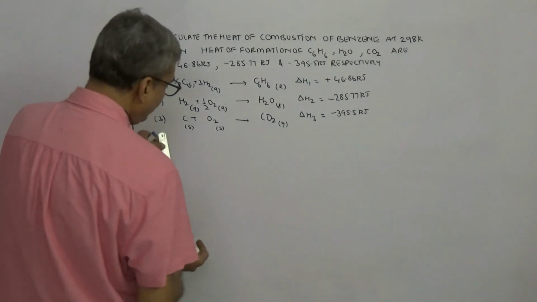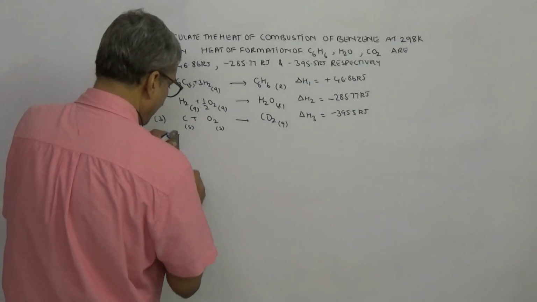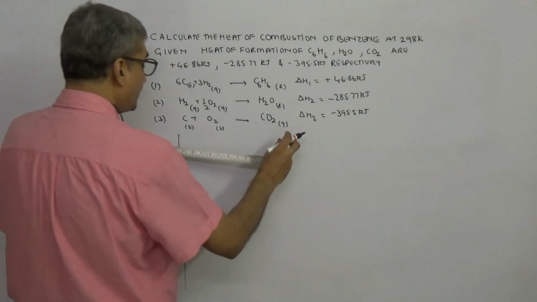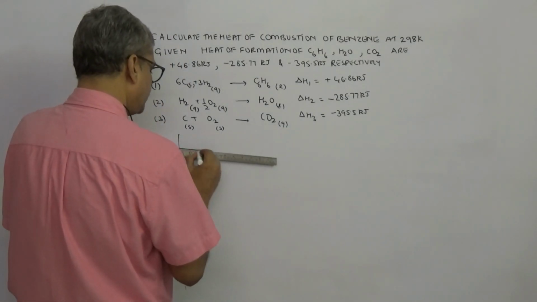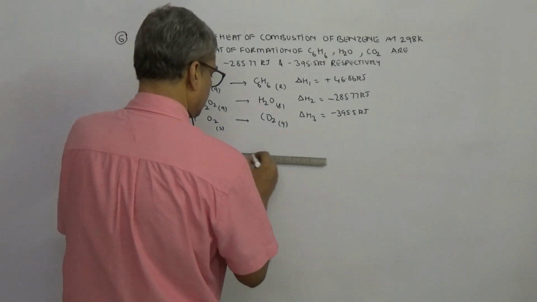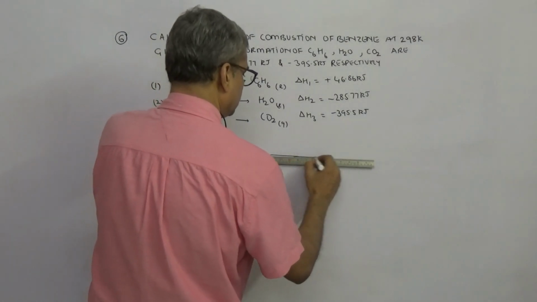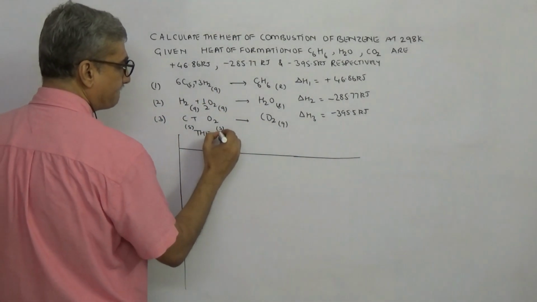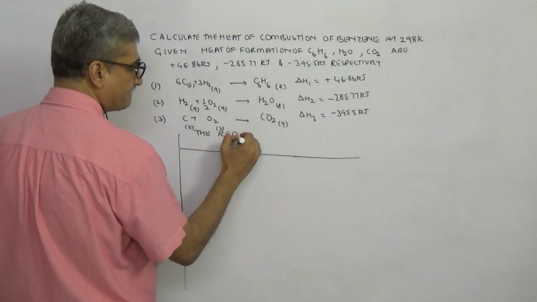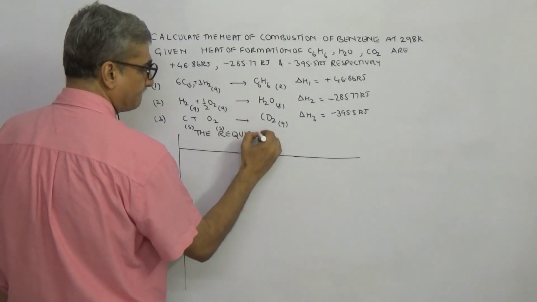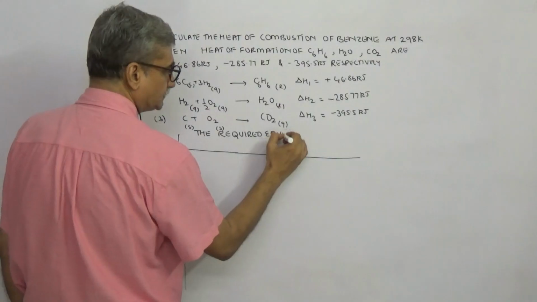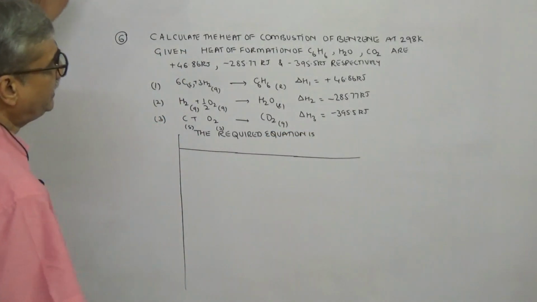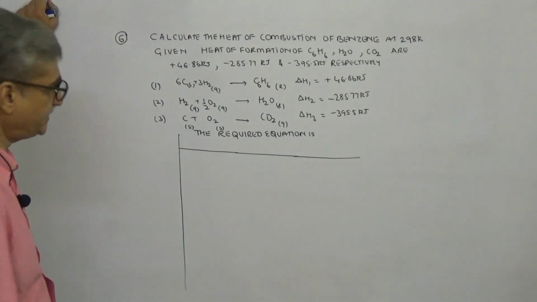So we have converted the statement into equation form. We come to our usual way of doing it. What is the required equation? Calculate the heat of combustion of benzene.